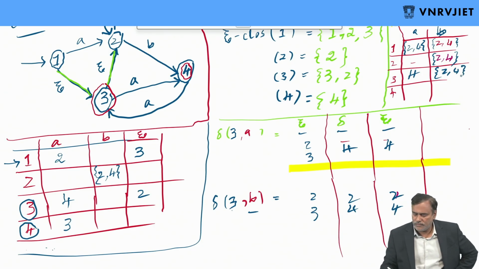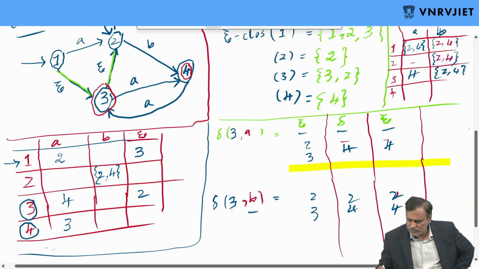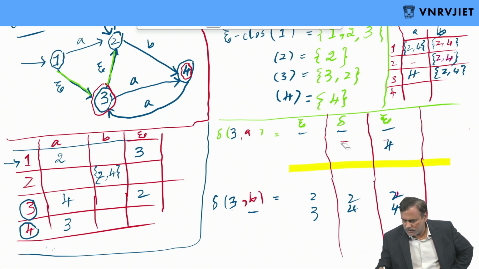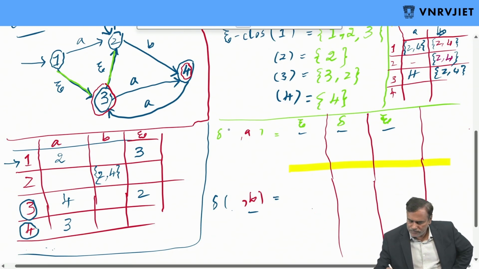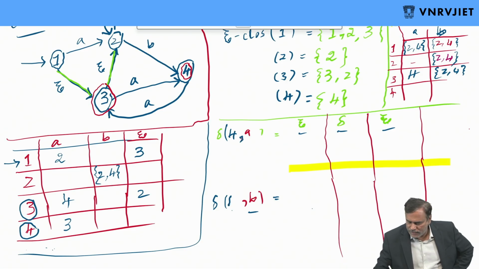So you have been left with just one more state. With respect to 3, it is over. Now we find with respect to state 4. So let me erase this part. Here you are going to get the changes. Delta of 4a, and then you have to find delta of 4b. First, let us look at delta of 4a. First, you have to find epsilon closure of 4. We know epsilon closure of 4 is just 4. And what is your input symbol?